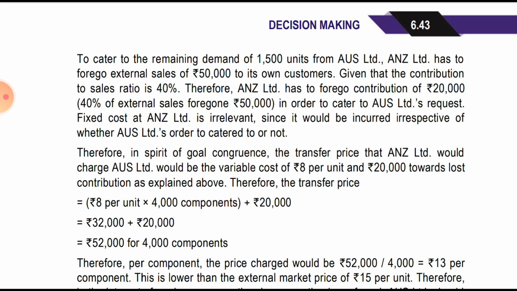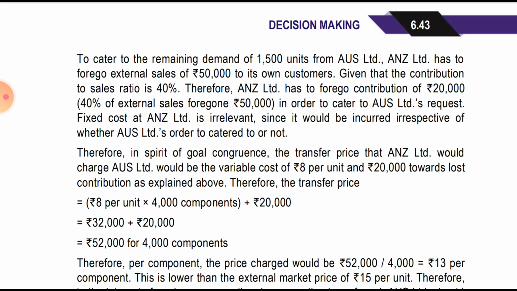Okay, therefore in the spirit of goal congruence, the transfer price that ANZ would charge to AUS would be the variable cost of 8 per unit and 20,000 towards the loss of contribution.